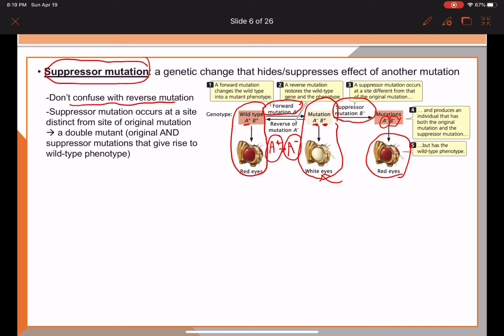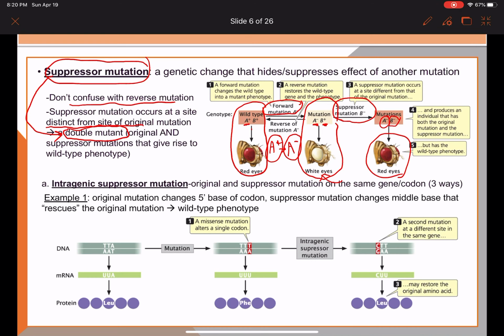Suppressor mutation always occurs at a site distinct, or different, from the site of the original mutation, and this is what we call a double mutant. Suppressor mutation always involves a double mutant, meaning that they have two mutations, the original mutation and the suppressor mutation that give rise to the wild type phenotype, not a reversion of the original mutation.